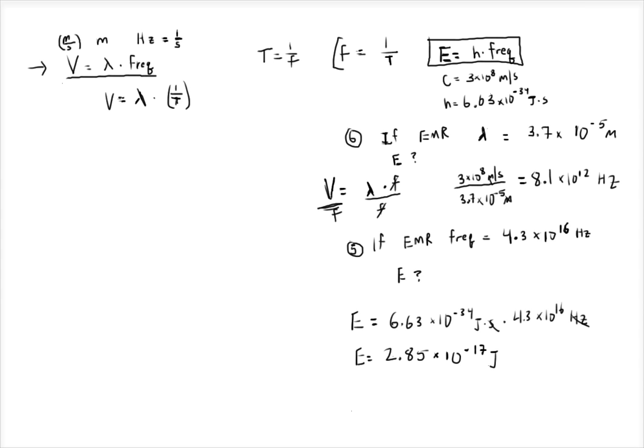Now that we have hertz, we can solve for energy, just like we did in question number 5. So now we have energy equals h, 6.63 times 10 to the negative 34 joules times seconds.